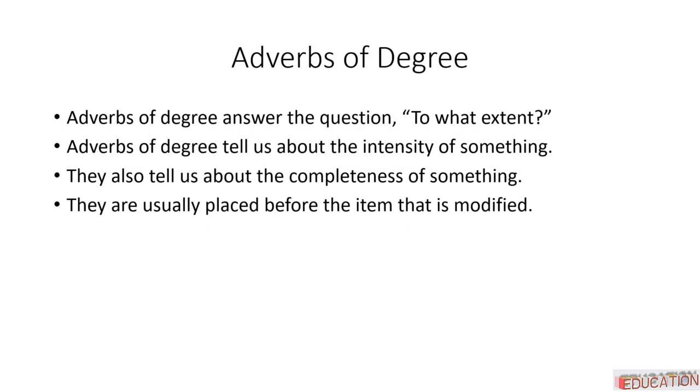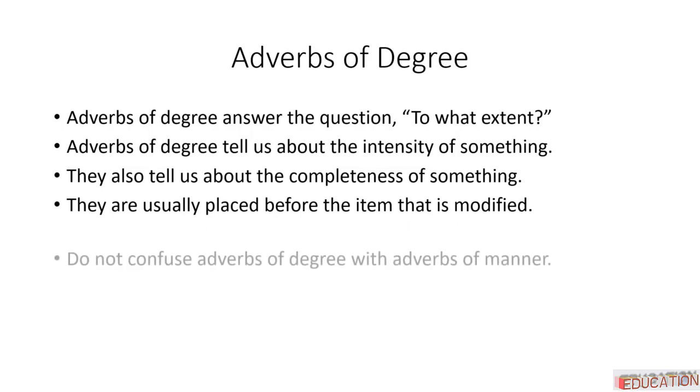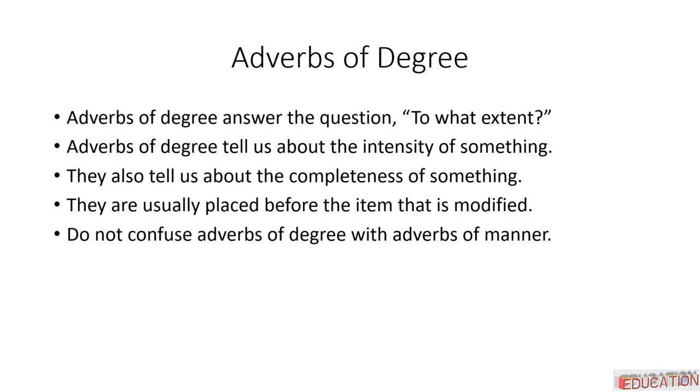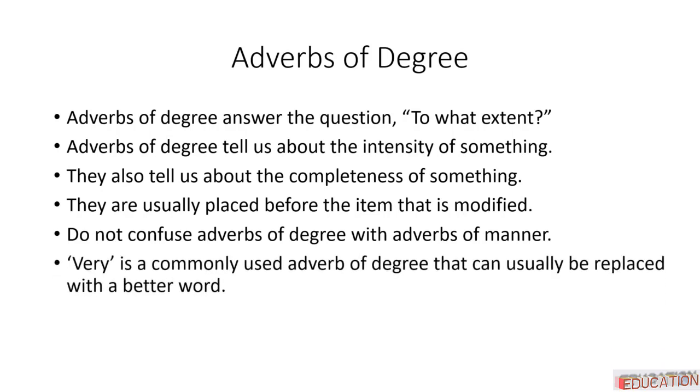And we'll see plenty of examples showing this. And please do not confuse adverbs of degree with adverbs of manner. And lastly, very is a commonly used adverb of degree that can usually be replaced with a better word. This is maybe a topic for more advanced students.